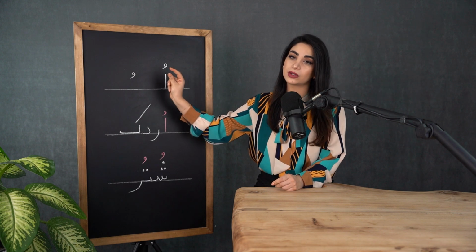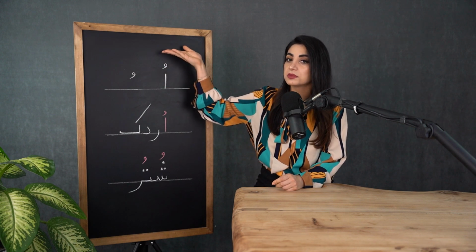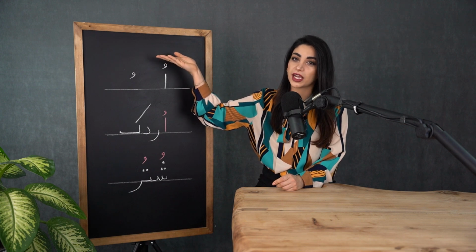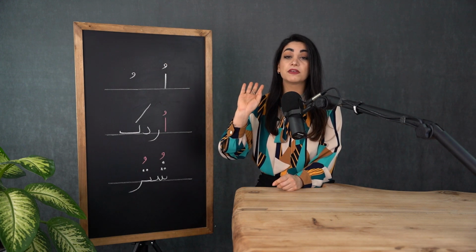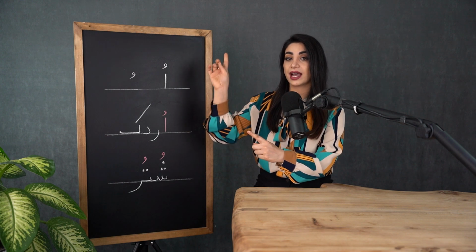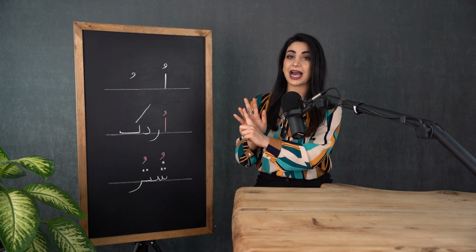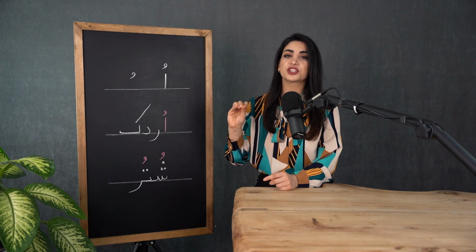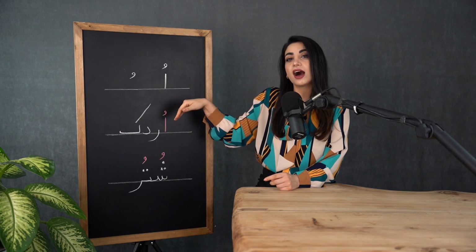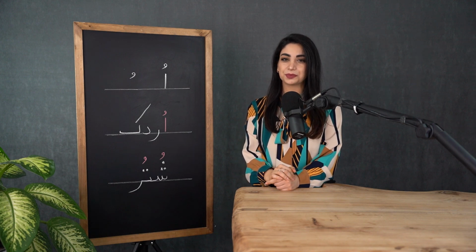And here it's alone and still small and comes above the line. So far we have A, which has a hat above the line, and O above the line. But it's just A, which is under the line.